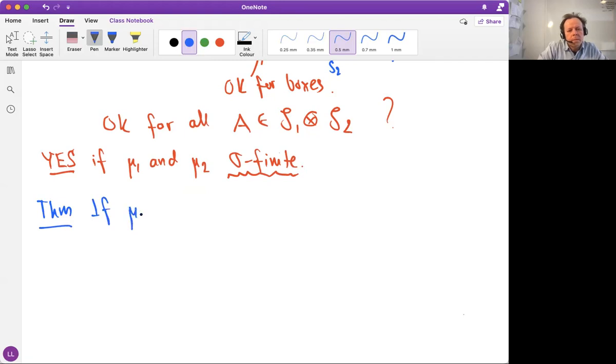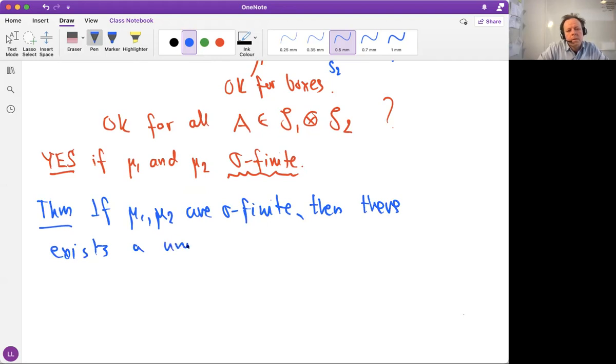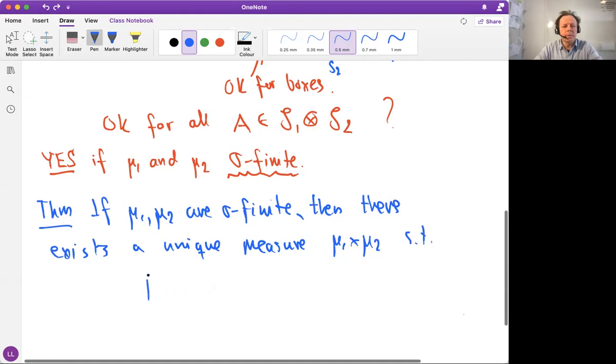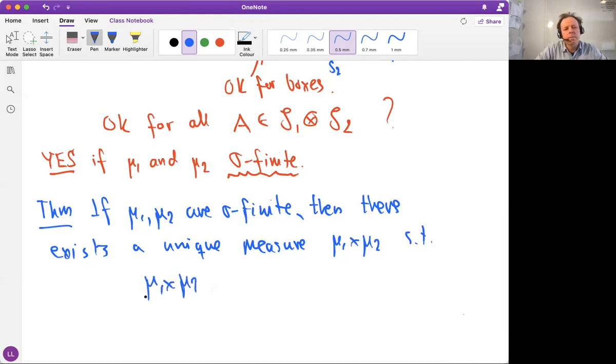If mu1, mu2 are sigma finite, then there exists a unique measure, which we call mu1 times mu2, such that mu1 A1 for boxes, sorry, the unique measure, what it assigns to a box, is equal to product of these.